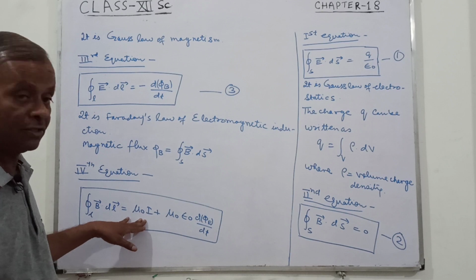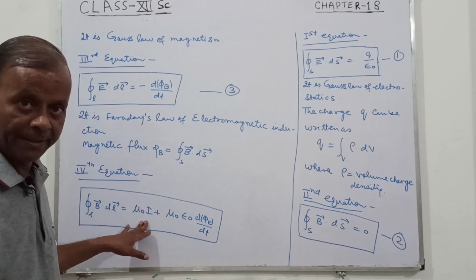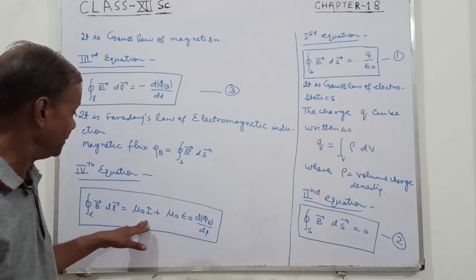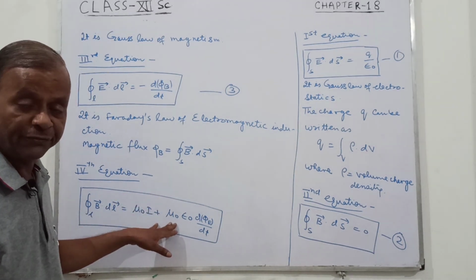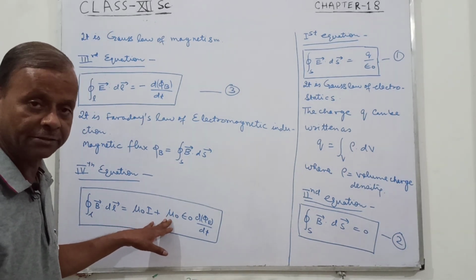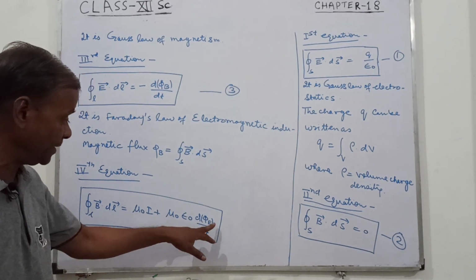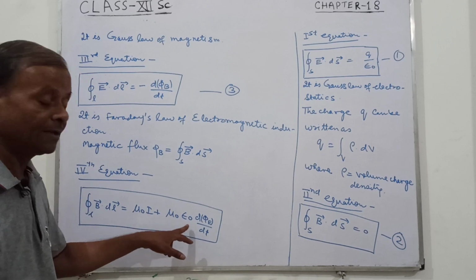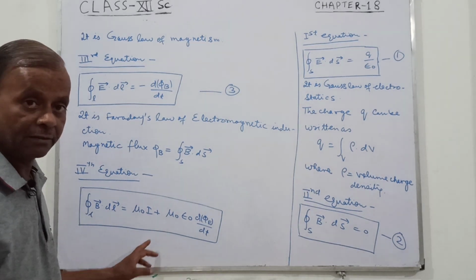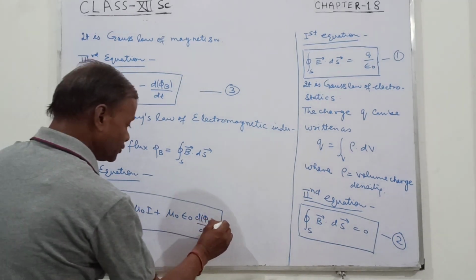But since this Ampere's law is violated for the currents which are passing through the capacitor, Maxwell made a modification: in addition to this conduction current, there must be a displacement current, that I told you yesterday. So this expression epsilon naught d phi E upon dt is the displacement current, and then this equation was called the Maxwell-Ampere's law. So this is the fourth equation.